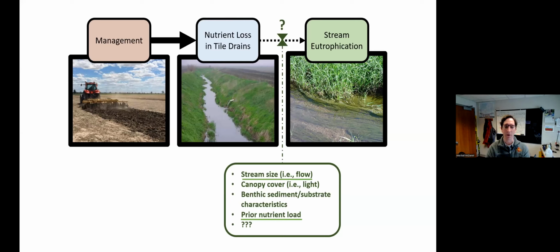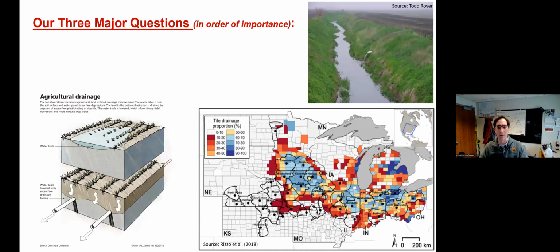It is actually very difficult to tease apart and study, because it requires studying a stream for a long time, then implementing management practices in that watershed, and then measuring the impact for many years afterwards too. So our experiment shortcuts this and allows us to do this with a short-term incubation. I'll explain those details in a moment.